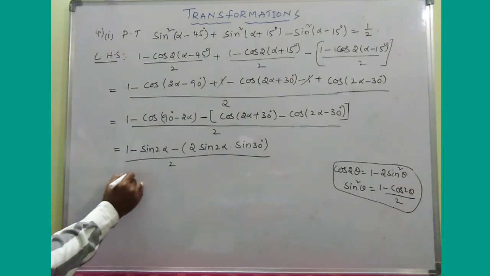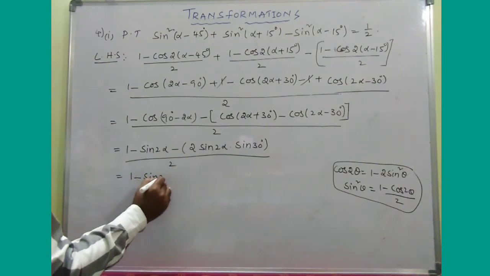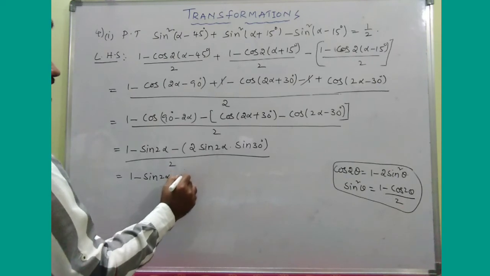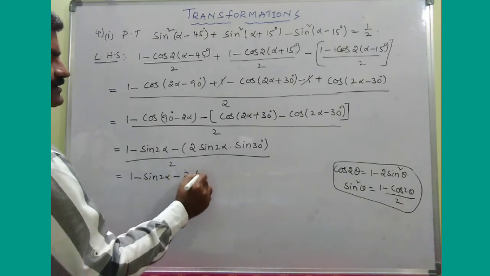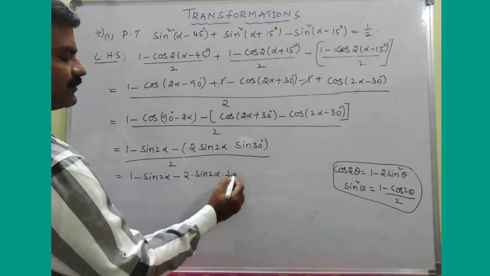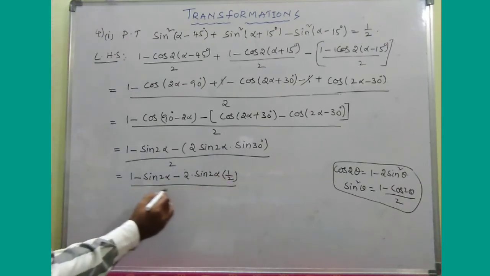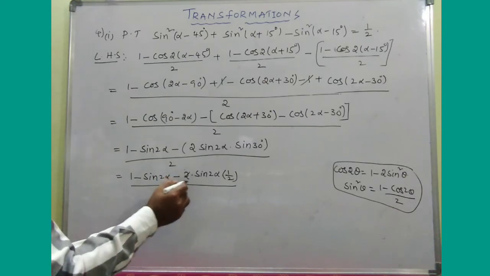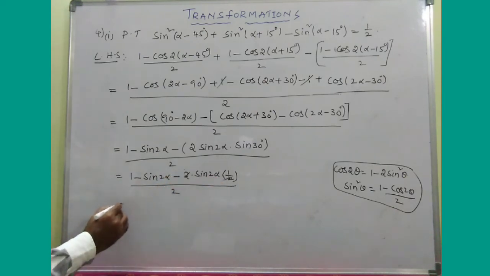What we can write further: 1 minus sine 2 alpha minus 2 into sine 2 alpha into sine 30, which is again 1 by 2, divided by 2. Now the 2 gets cancelled.